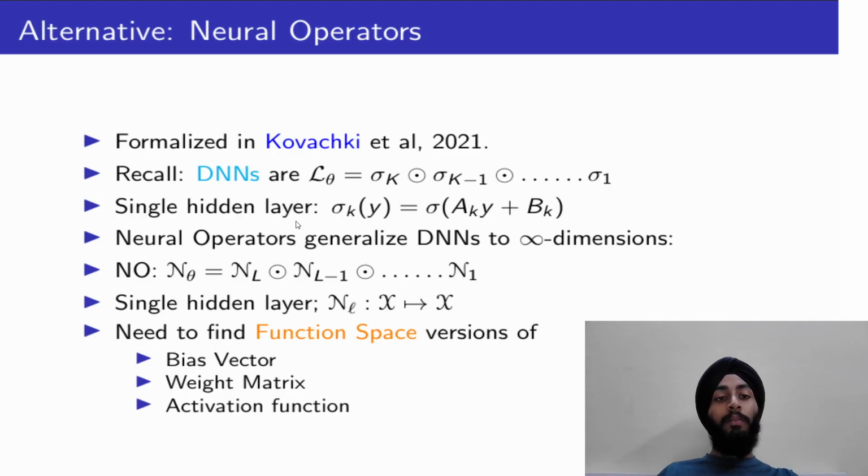So for instance, deep neural networks are using these layers, which are discrete matrices of finite sizes, and a single hidden layer is basically doing this operation, which is all happening with finite sized inputs. Now, a neural operator will generalize these deep neural networks to infinite dimensions. So basically, rather than going from one vector space to another, it is going from one function space to another function space. And I need to find the function space versions of the bias vector, the weight matrix, and the activation function that I use.